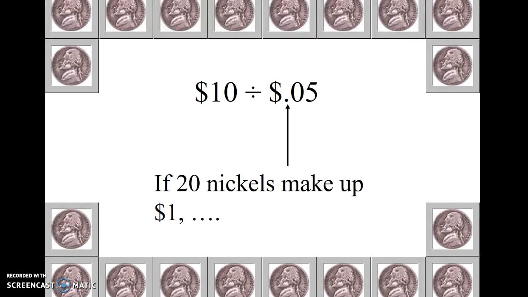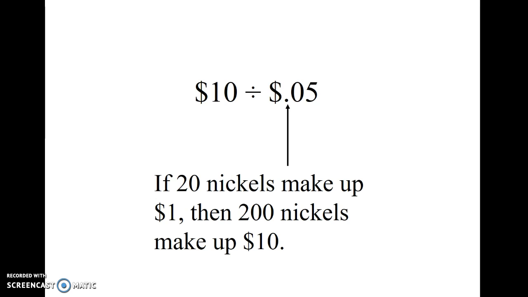And so when we think about it, there are 20 nickels that make up $1. Another 20 nickels would make up $2, which is a total of 40 nickels, and so on and so on. So the question is, how many nickels do I need to make $10? Well, if it takes 20 nickels to make $1, it's going to take 200 nickels to make $10, because I'm taking my $1 and multiplying it by 10 to make $10.